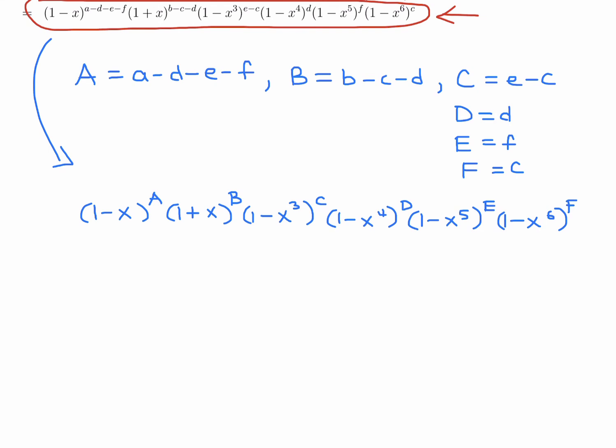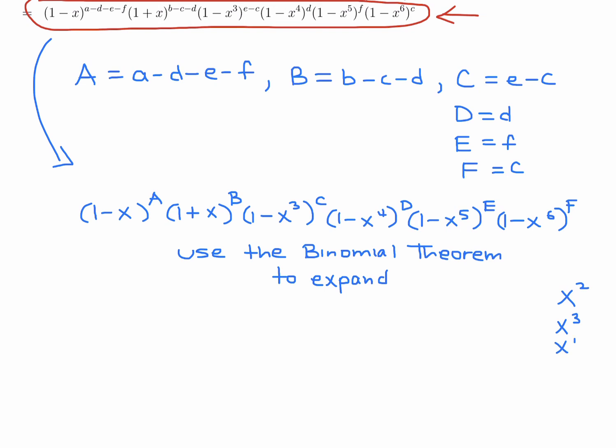At this point, we have to use the binomial theorem to expand this. The good news is that we are initially going to be looking at values of x squared, because remember, this polynomial, when fully expanded, does not have anything of the form x squared, x cubed, x to the fourth, x to the fifth, or x to the sixth.